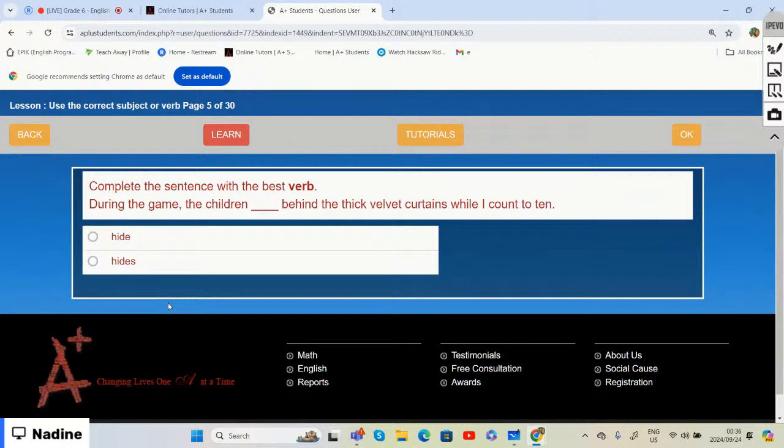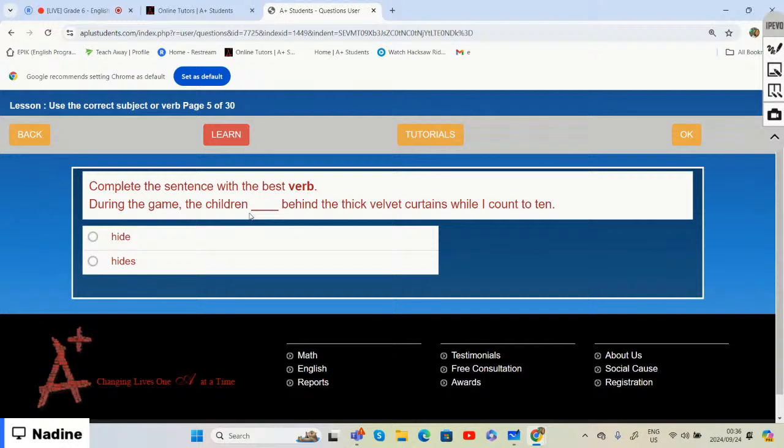All right, let's look at the next one. It says complete the sentence with the best verb. It says during the game, the children, more than one person, plural subject.